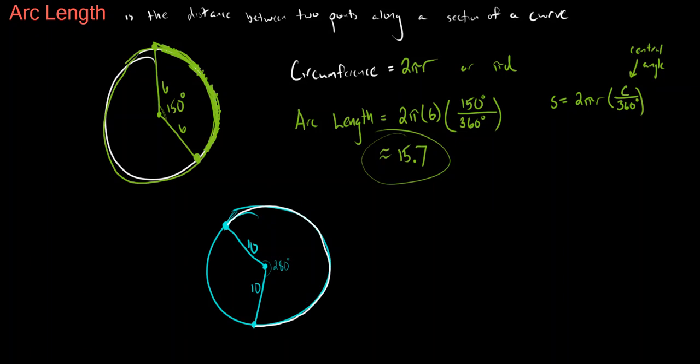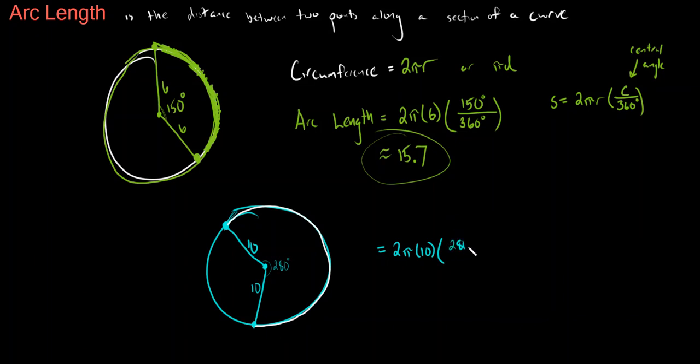The way I would do that is I would use my arc length formula. So the arc length is going to be equal to the circumference of the circle, which would be 2 pi r. In this case, the radius is 10. Remember, that would be the arc length of the entire circle, but I just want this little portion here. So I'm going to multiply it by that ratio.